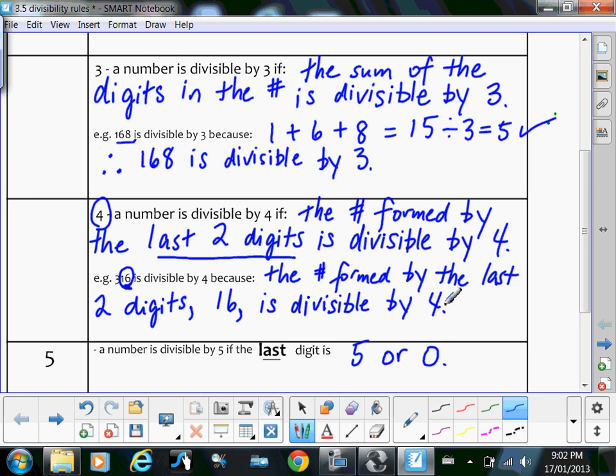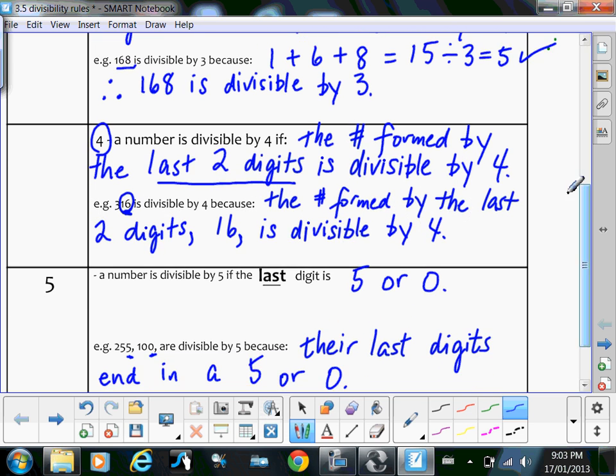So again, that's the divisibility rule for 4. You're just looking at the number formed by the last two digits. It doesn't matter how big of a number it is. You can just look at the number formed by the last two digits and figure out if that's divisible by 4. If it is, that means the whole number is divisible by 4.